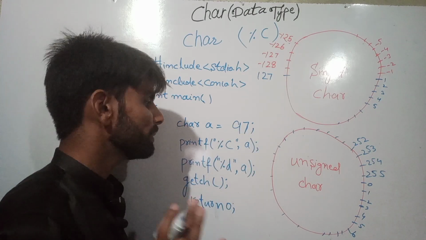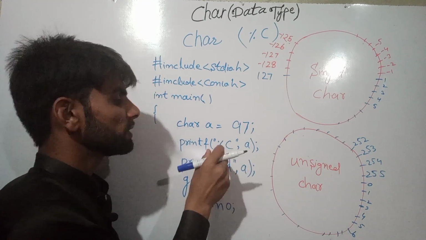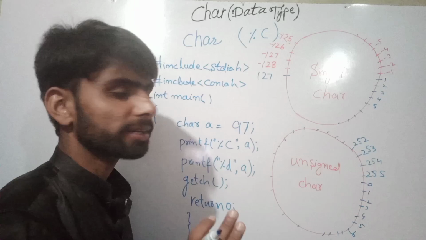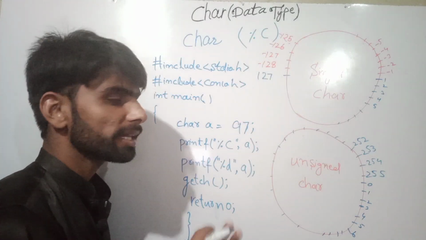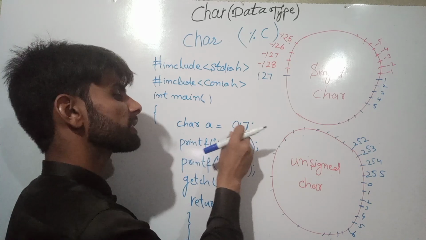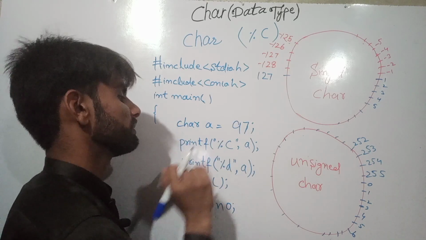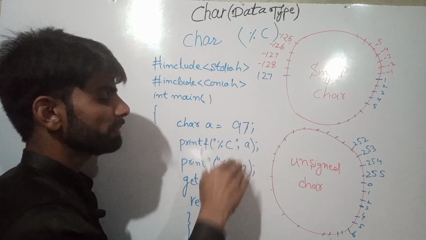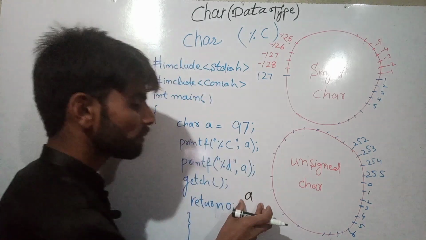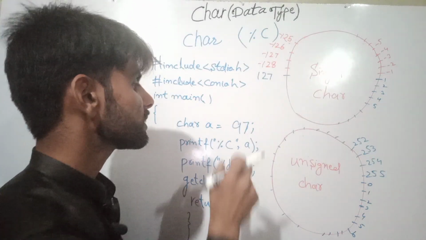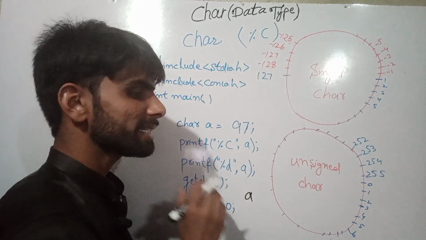So now what will happen, right? Because this is %c, it always prints the character, and this is %d, it always prints the integer value, but we have assigned an integer value. When this statement is executed, a small a is printed on the screen, because this is the ASCII value corresponding to the small alphabet a, right?